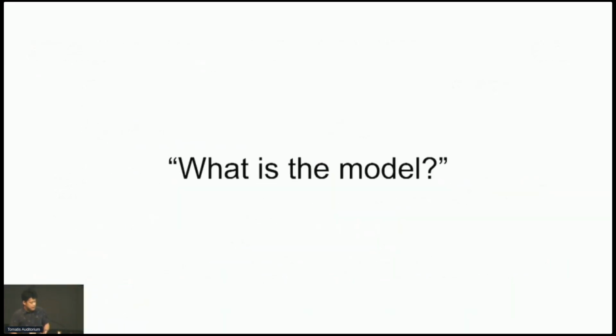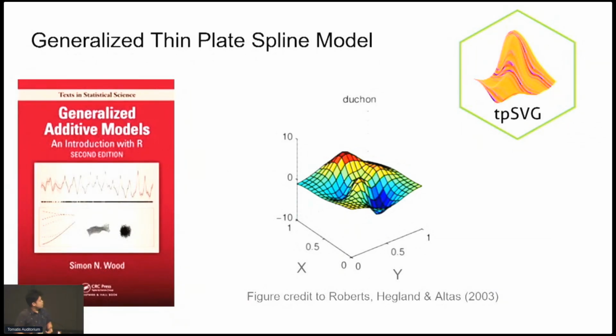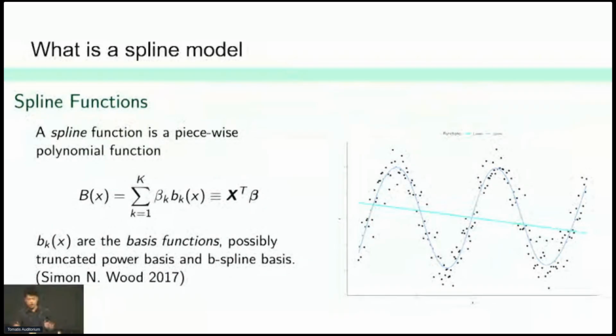So here I'm proposing to repurpose a really fantastic framework from generalized additive models, specifically the package from Simon Wood. I'm using the thin plate spline to model the gene expression in space. For people who don't know splines, the basic idea is you connect dots together and form a smooth version of it.